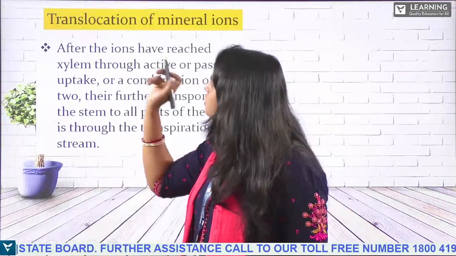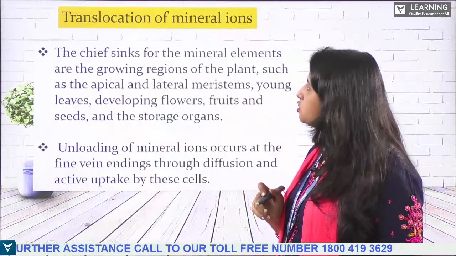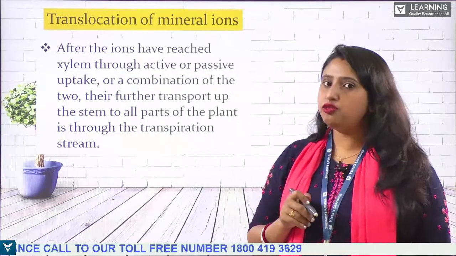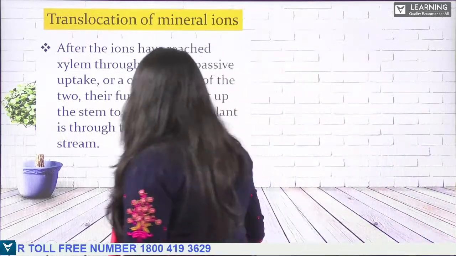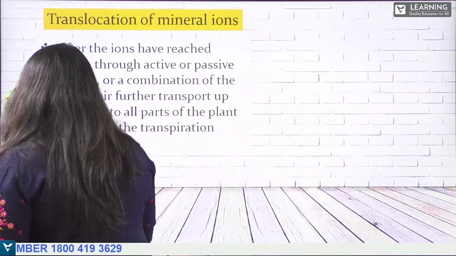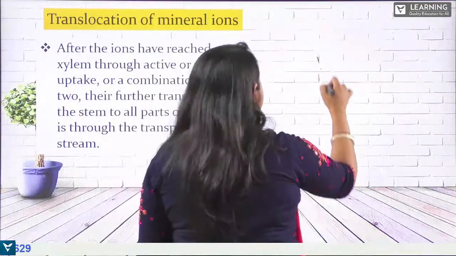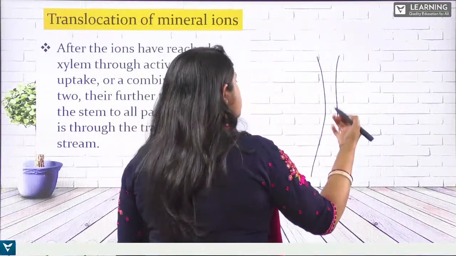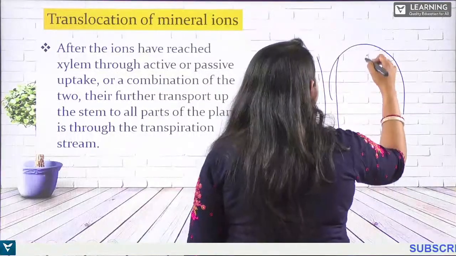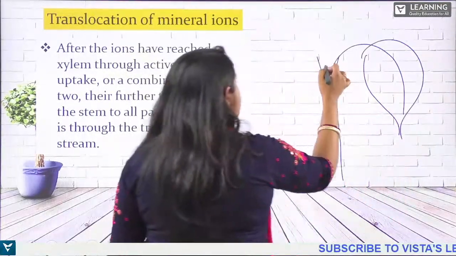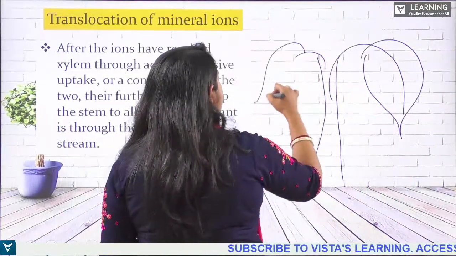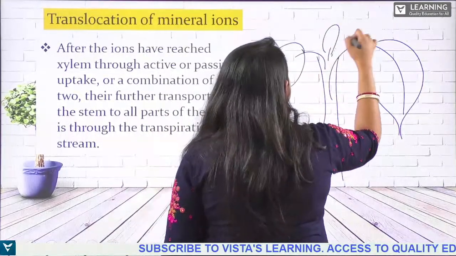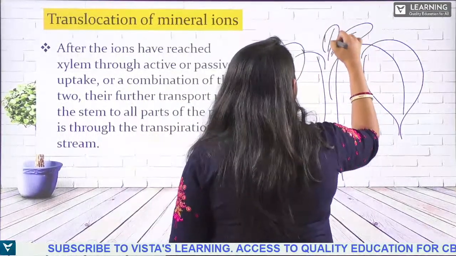Now, translocation of mineral ions. How does the translocation of mineral ions take place? Let's say this is a plant. This plant has some older leaves and some new leaves coming out.